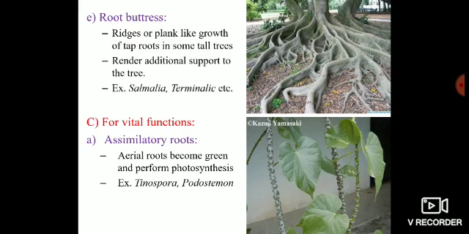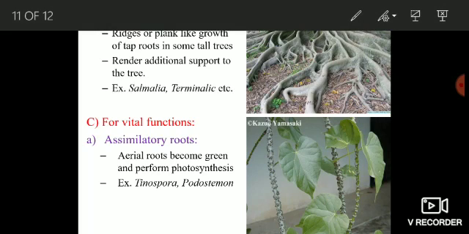You can see in the image the normal spreading tap roots of these plants show some ridges, or planks, which are known as root buttresses. These root buttresses render additional mechanical support to the tree.